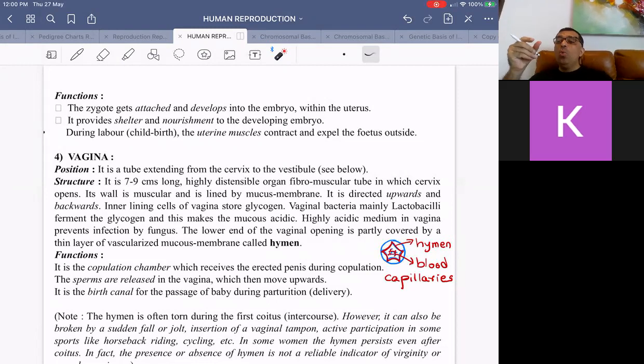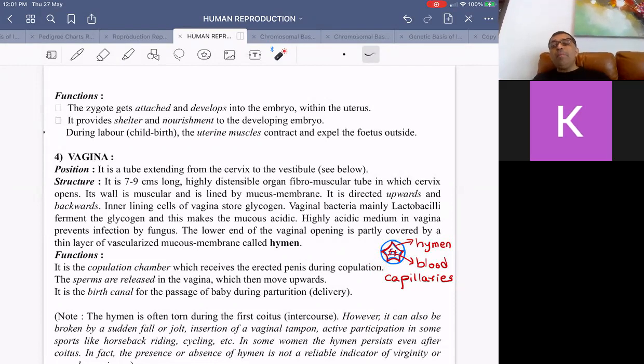So the hymen will rupture and bleeding will take place during the first sexual intercourse. Of course, the hymen sometimes may not rupture during a sexual intercourse. Suppose the penis goes in here, the hymen will be displaced to the side and may not rupture.